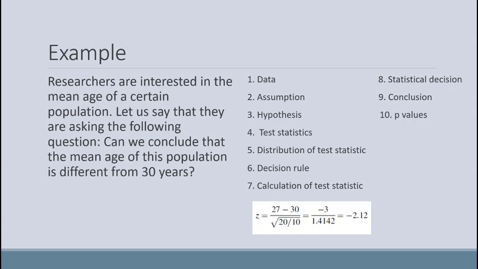Step 10. Instead of saying that an observed value of the test statistic is significant or is not significant, most writers in the research literature prefer to report the exact probability of getting a value as extreme as or more extreme than that observed if the null hypothesis is true.